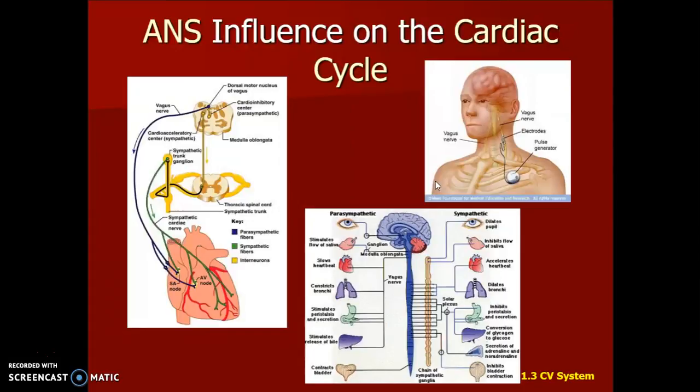So the cardiac control system will send an impulse down the sympathetic nervous system through the accelerator nerve, and this will help speed the heart rate up in order to cope with a higher demand of blood.